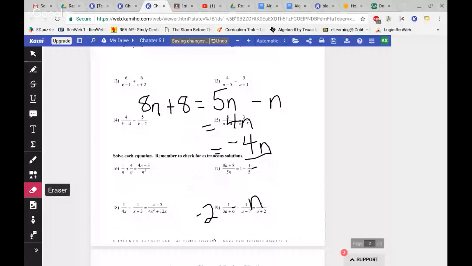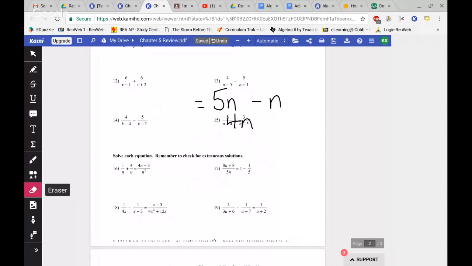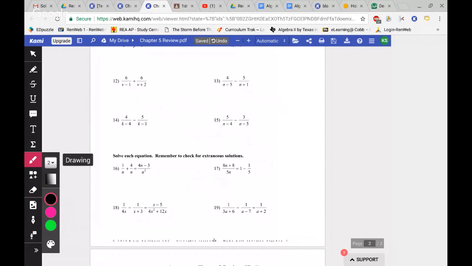Okay, moving right along. Anybody have a guess as to what the least common denominator is going to be for number 16? Anybody have a guess? N squared. Good job. So I'll multiply both sides of the equation by n squared.